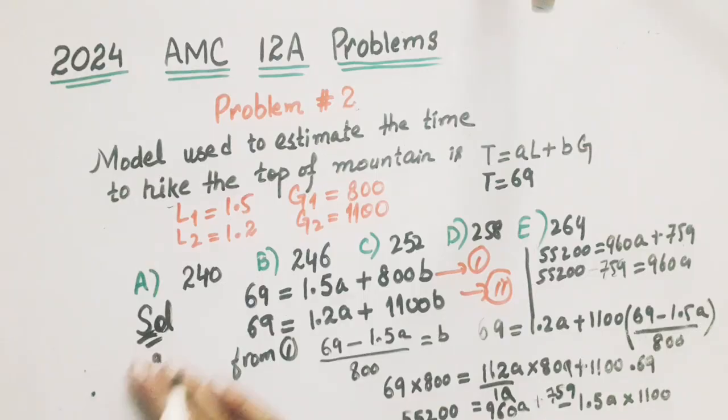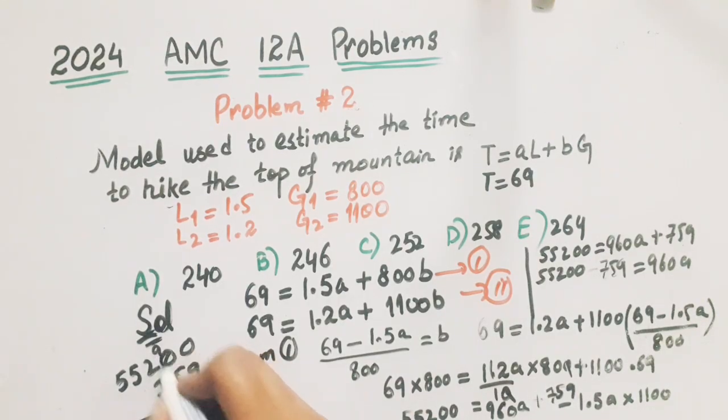Now we will subtract 55200 minus 759: 10 minus 9 is 1, 9 minus 5 is 4, 11 minus 7 is 4. So we get 54 hundreds.